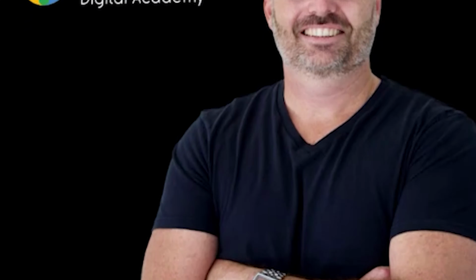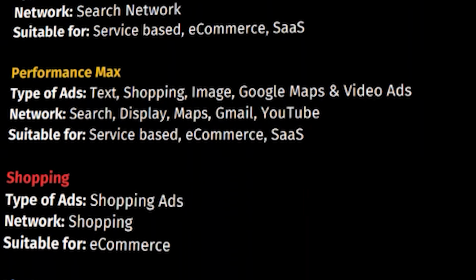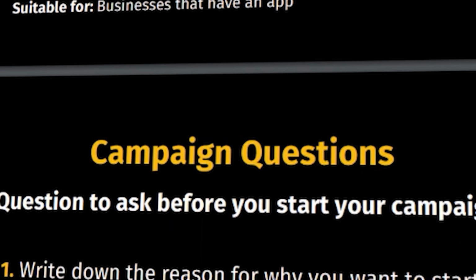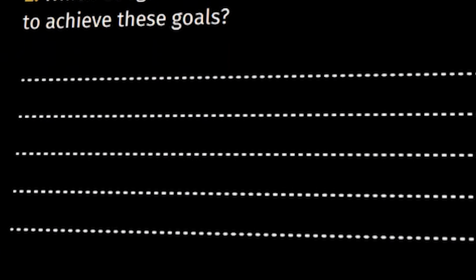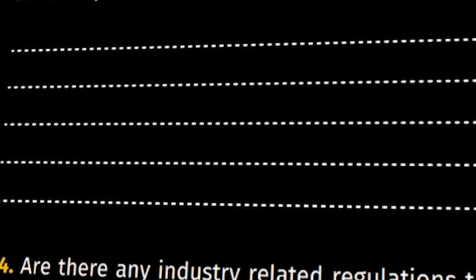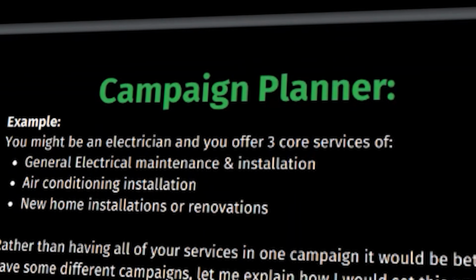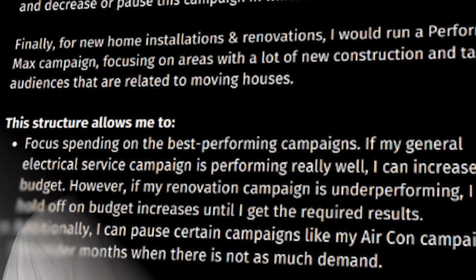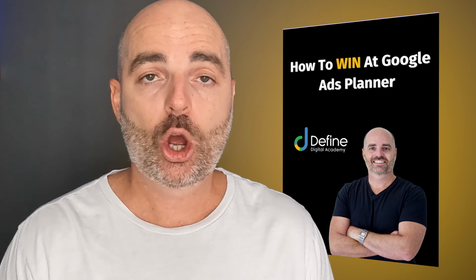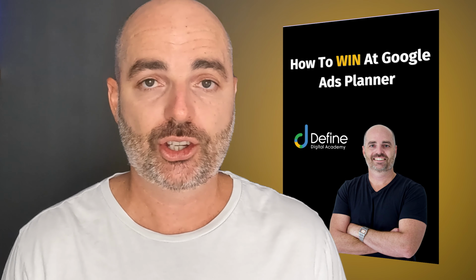Because once you have answered those questions, you can then look at the different types of Google Ads campaigns and how they function so that you are using them in the correct way. That's why I put together a planner called How to Win at Google Ads. This is a planner which you can download right now, and it takes you through 4 core questions that you need to ask so that you have in your plan not only what you want to achieve with Google Ads, but also the best types of campaigns to achieve those goals.